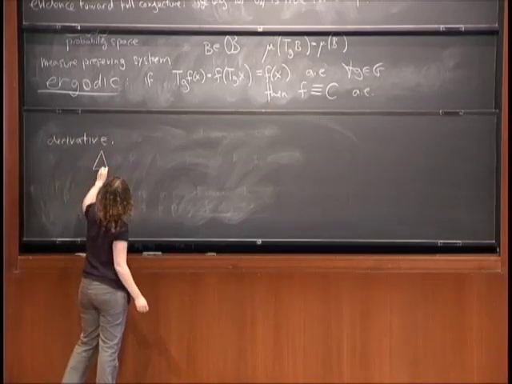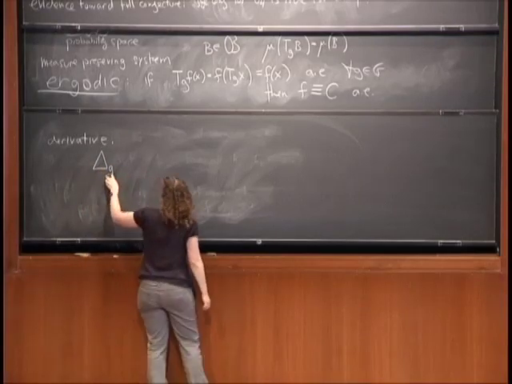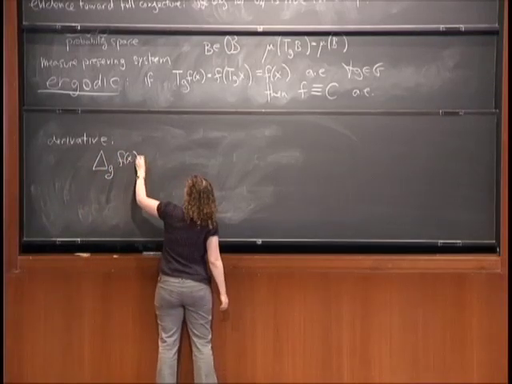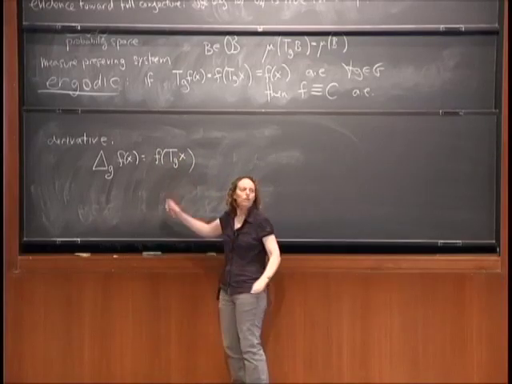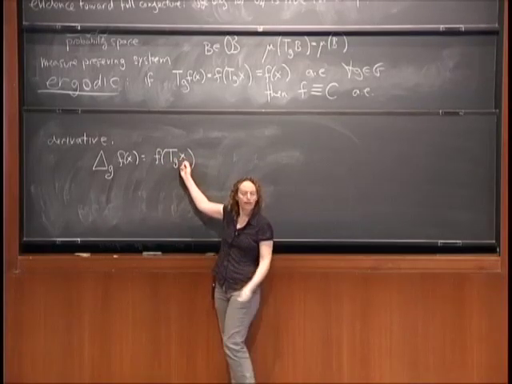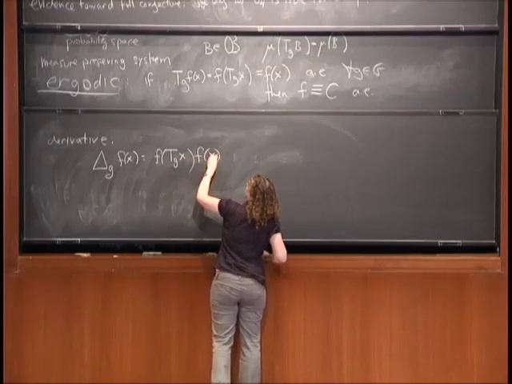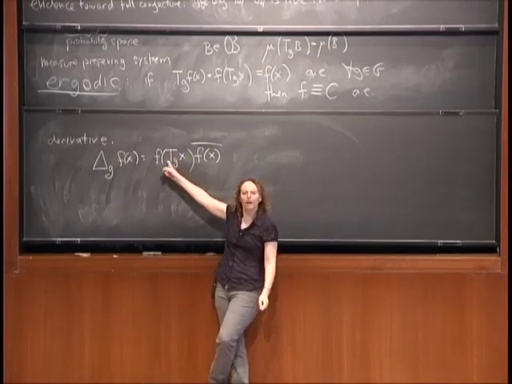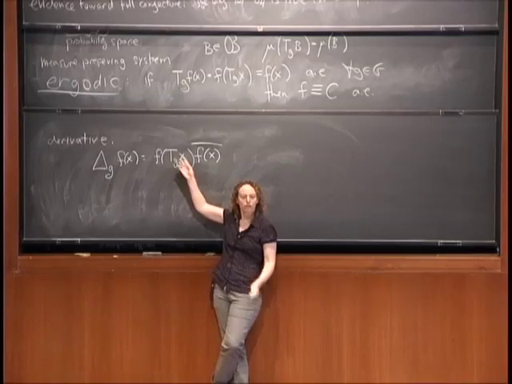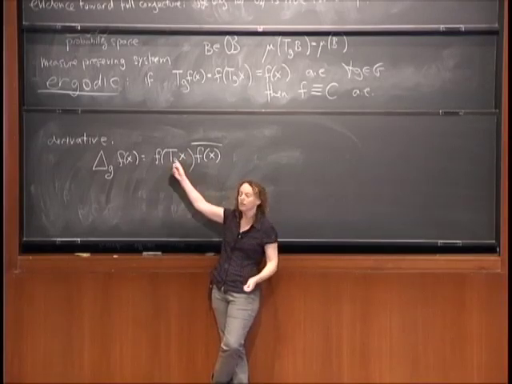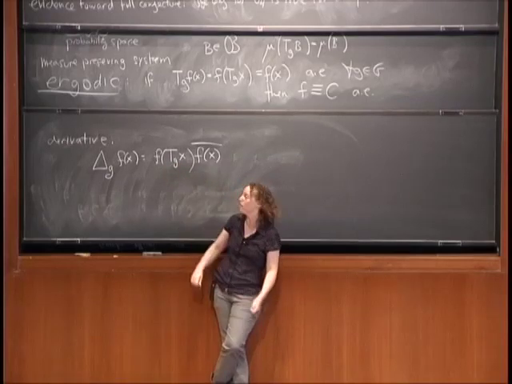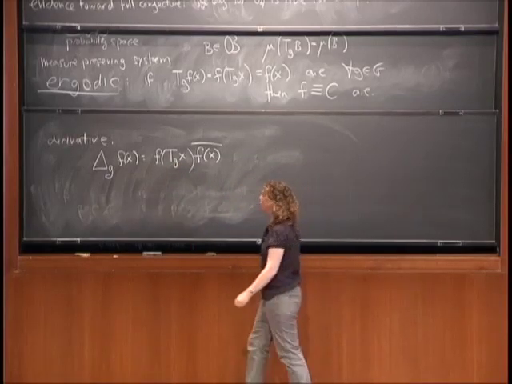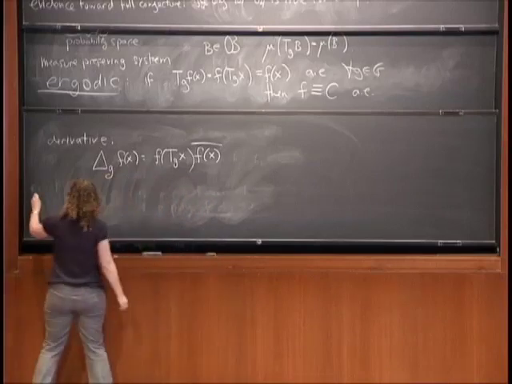Well, you can define the derivative in direction g of a function f the same way. Just now we act with the element g on x. If G were acting on itself, and if my group was the finite field, then this would just be x plus g.